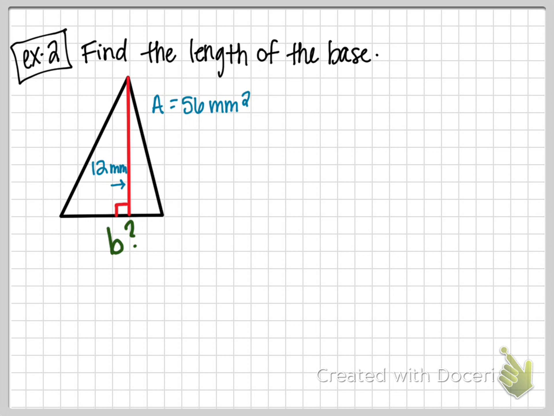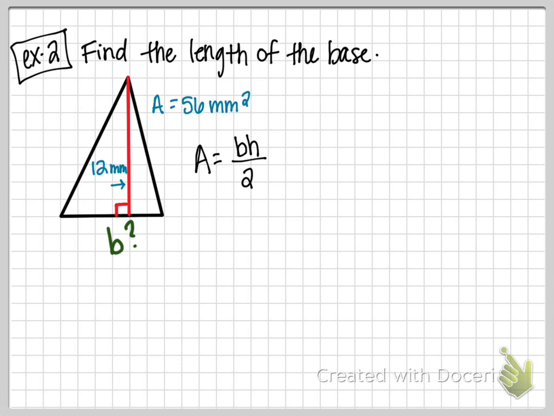Please start with what? What do I want you to write every time? The formula. Start with the formula. Area equals base times height divided by 2. Plug in what we know.